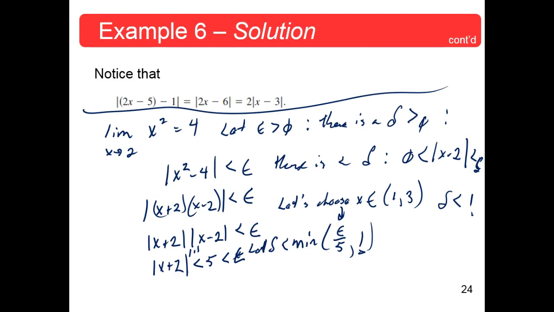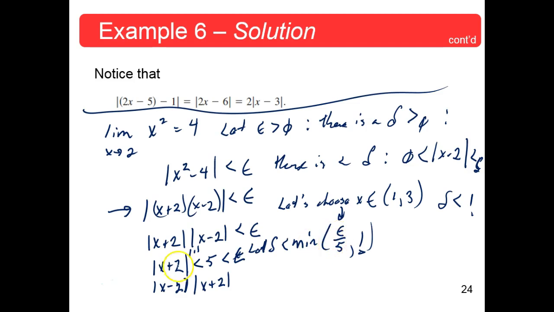So going back to this one, you plug in the absolute value of x minus 2, they wrote them in different order, absolute value of x minus 2 times the absolute value of x plus 2.